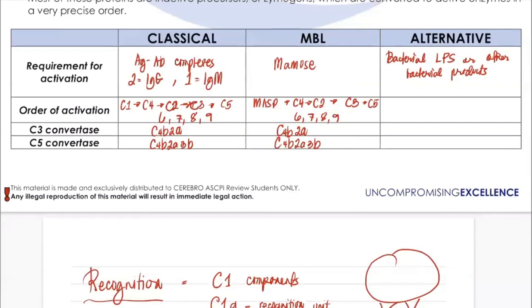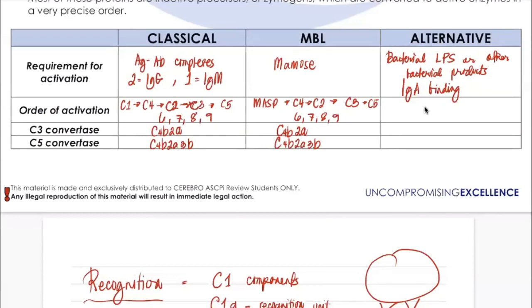Okay? So, other than that, ano pa yung possible na activator ng alternative cascade? Guys, na-mention natin to kanina, yung IgA, no? The IgA binding, no? Because yung IgA can also fix the complement pero alternative lang. Okay? Now, isa sa pinaka-characteristic ng alternative cascade is that parang binabypass niya yung recognition unit, no?